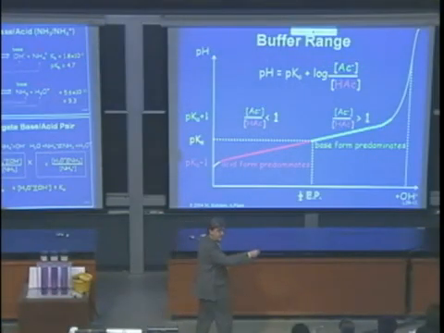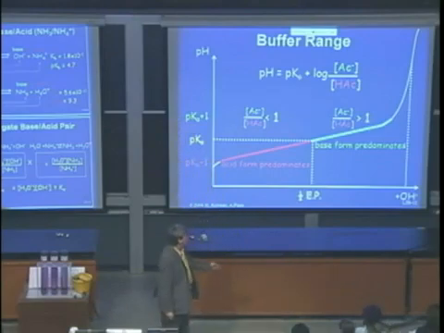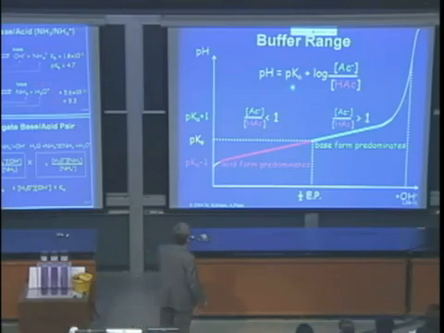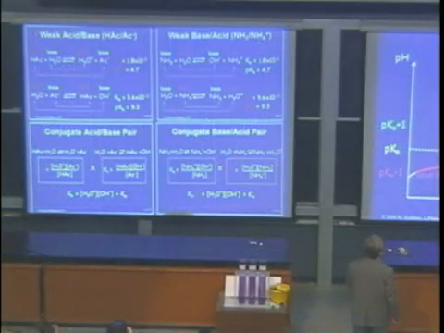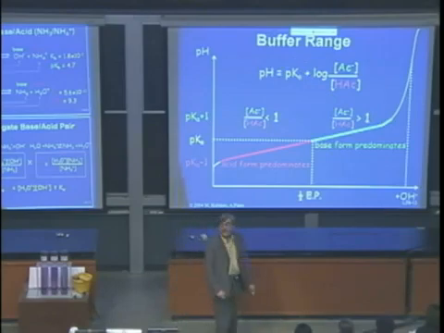You may take acetate salt, make it 0.1 molar, and then you make a 0.1 molar acetic acid solution, and you mix them together, okay, so that they are both in the same volume. So each of them is 0.1 molar. And now the pH would be the pKa, that would be 4.7, and I showed you that can be plus 1 and minus 1. So it goes from 3.7 to 5.7. It buffers very nicely, okay?